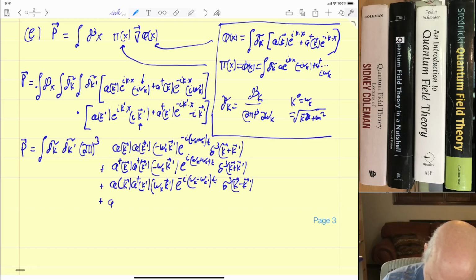And our final term. So this is very similar to the calculation that's done in the book to get the Hamiltonian, except now we're doing it for the momentum operator.